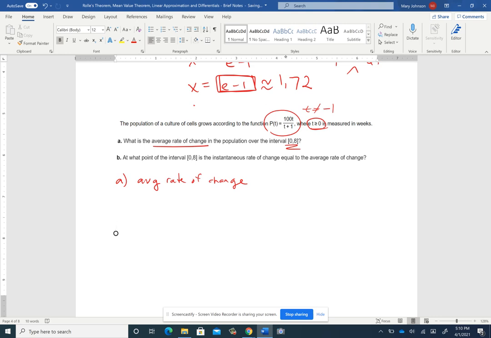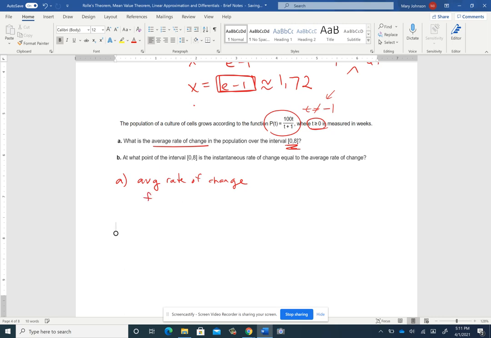So it's not a continuous function everywhere. There's an issue at t equals -1, but it is continuous and differentiable when you restrict yourself to bigger than or equal to 0, or the interval from 0 to 8. So we can use the mean value theorem. Now we're ready to do it.